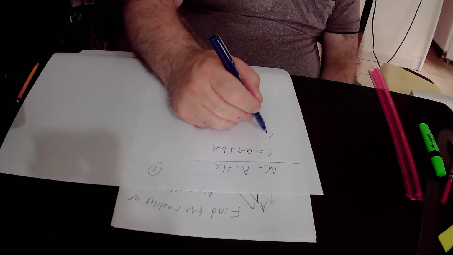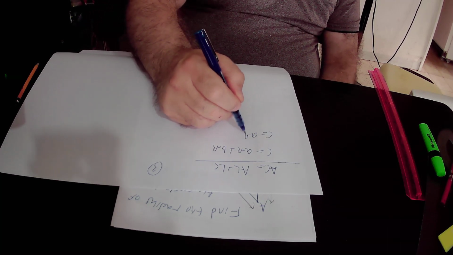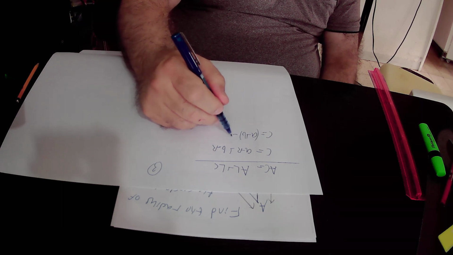That is to say, C equals A plus B minus R minus R, which is minus 2R.